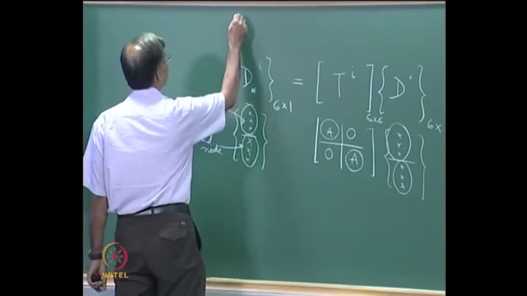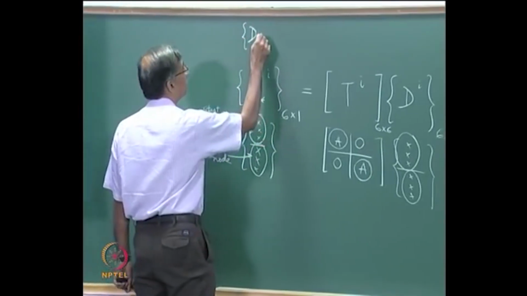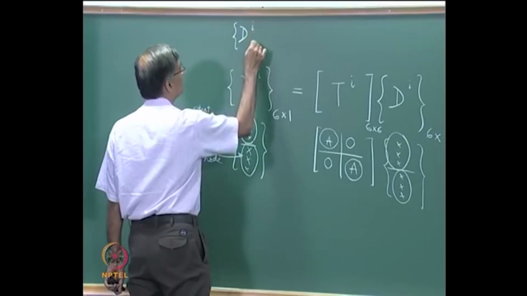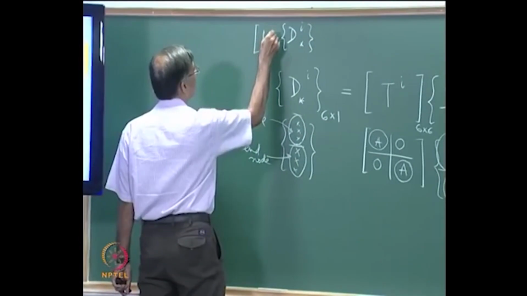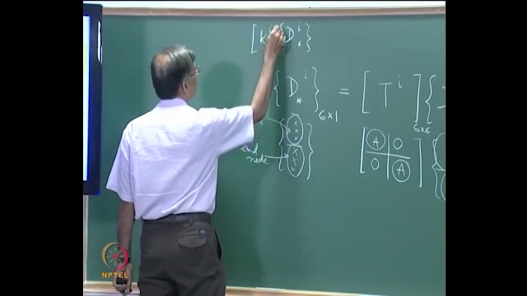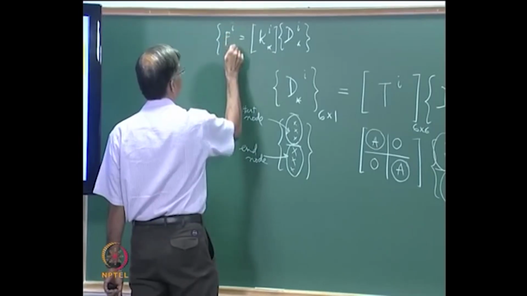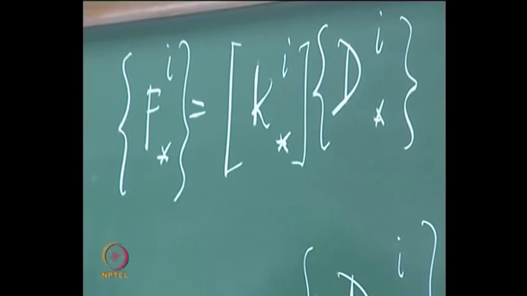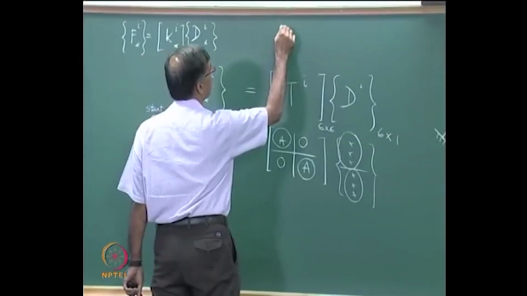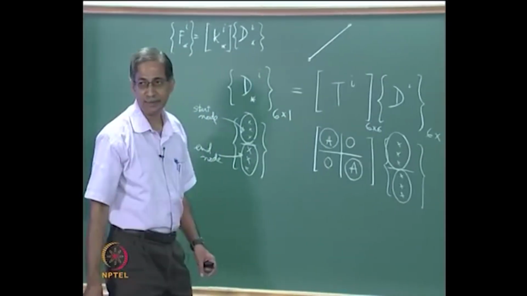So we are saying di star into ki star is equal to fi star. I can have an element in a truss like this. Please listen.